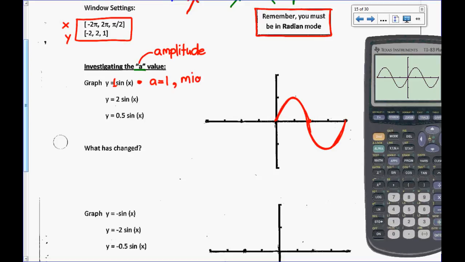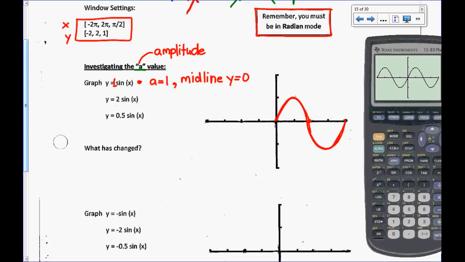The midline is that point right in the middle, so that the distance above to your maximum is the same as the distance below to your minimum. And so in this case, my midline is at y equals 0. Okay, the x-axis is my midline in this case.